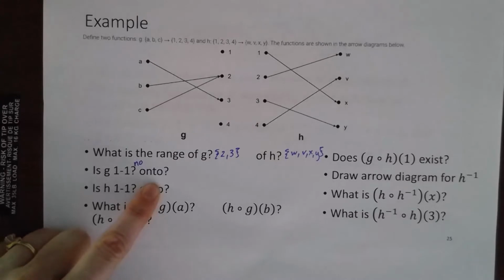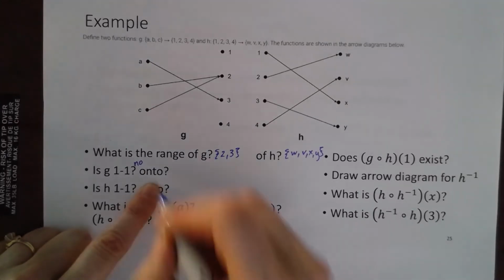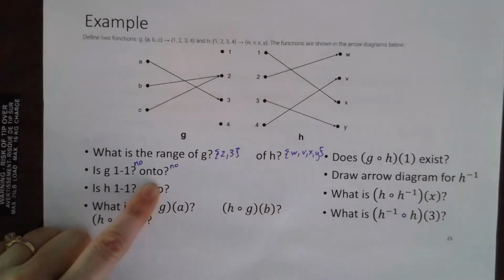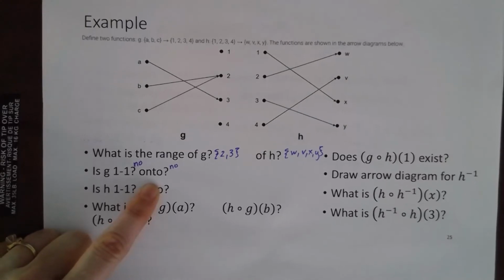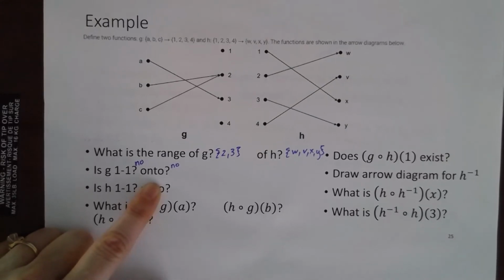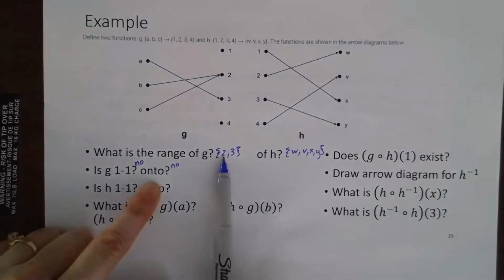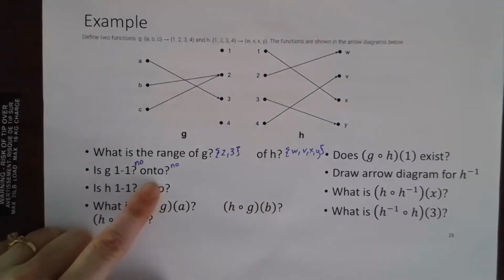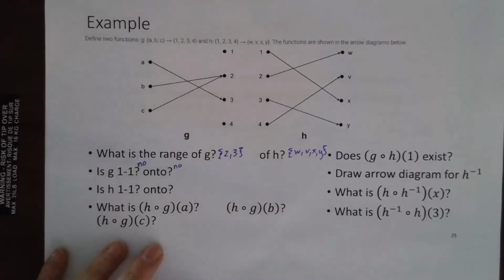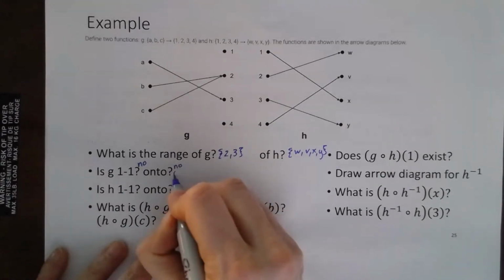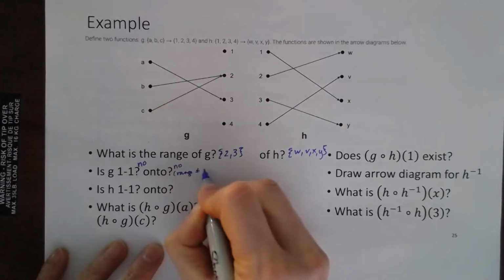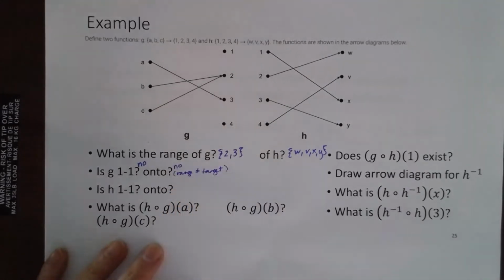Is it onto? No, I already spoiled that for you. Why isn't it onto? 1 and 4 don't have anything mapped to them. Yeah, because 1 and 4 don't have anything mapping to them, the range is not equal to the target. That's how we can tell.